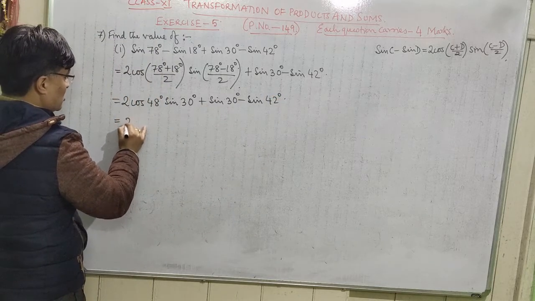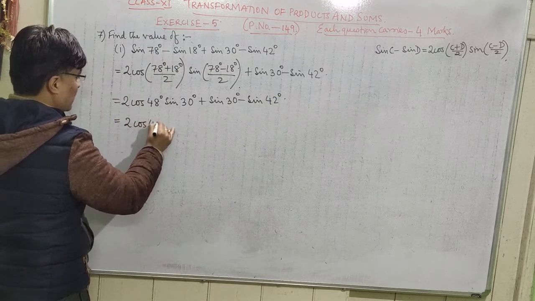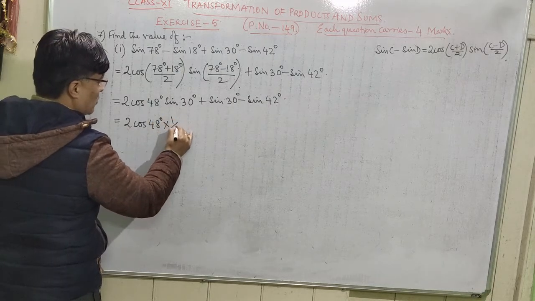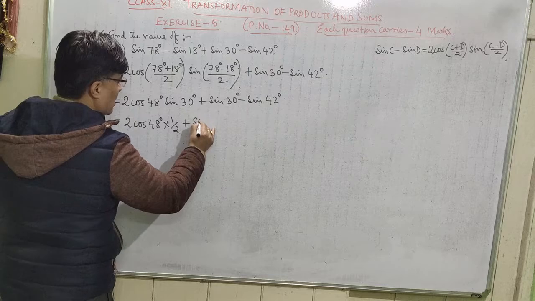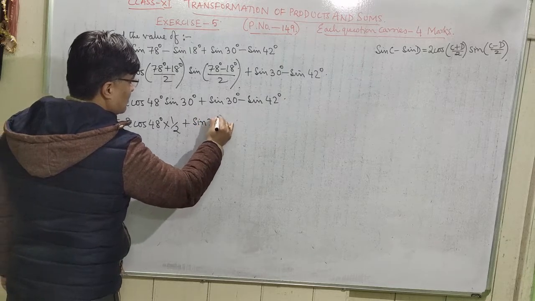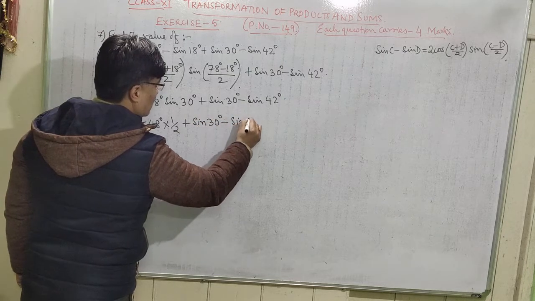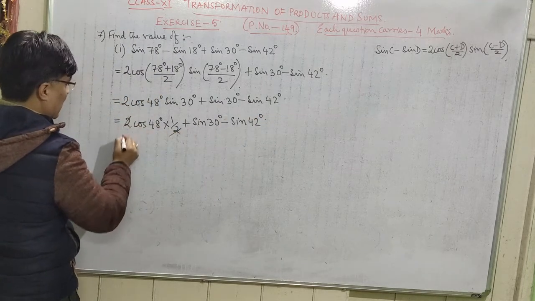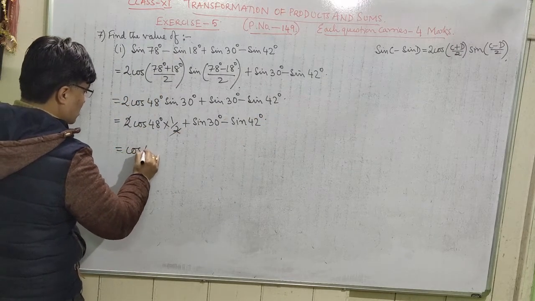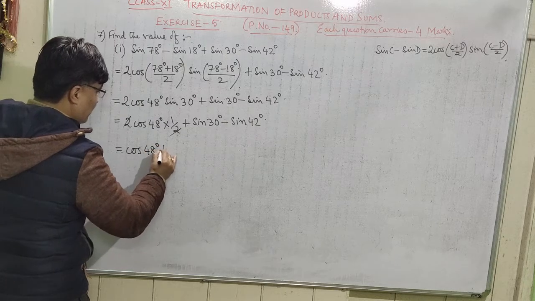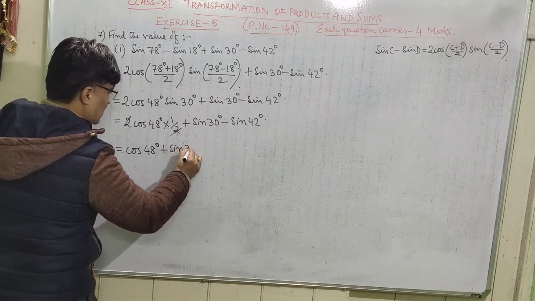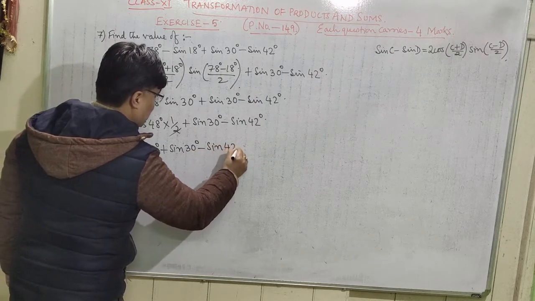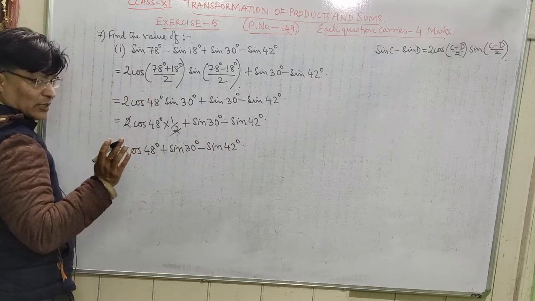So which is equal to 2 cos 48 degrees, kept as it is. Now sine 30, which is half, plus this sine 30 degrees kept as it is minus sine 42 degree. Okay. So here 2 gets cancelled, which is equal to cos 48 degree plus sine 30 degree minus sine 42 degree. So I think you have understood it.